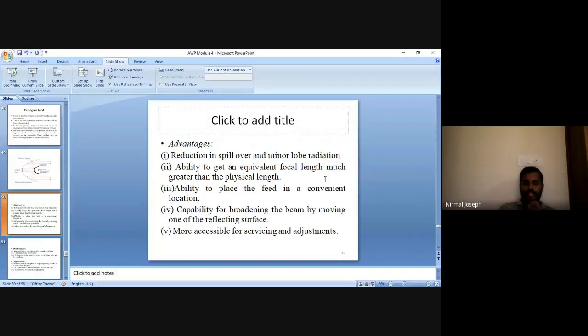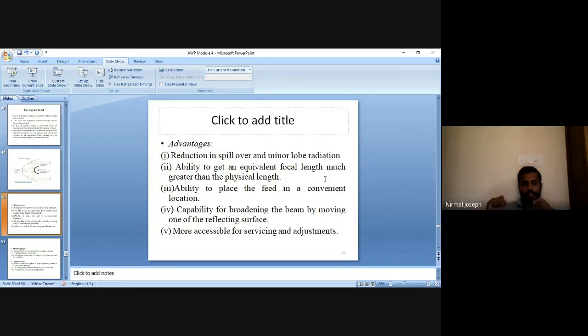That is a very convenient location. Then, capability for broadening the beam by moving one of the reflecting surfaces. You can just imagine, if we increase the distance between these two reflectors, the beam will get broader and broader.